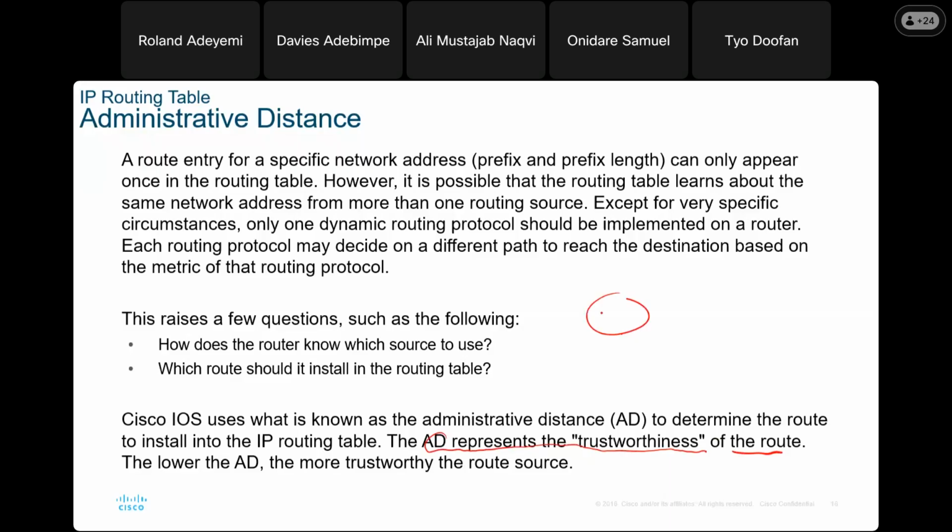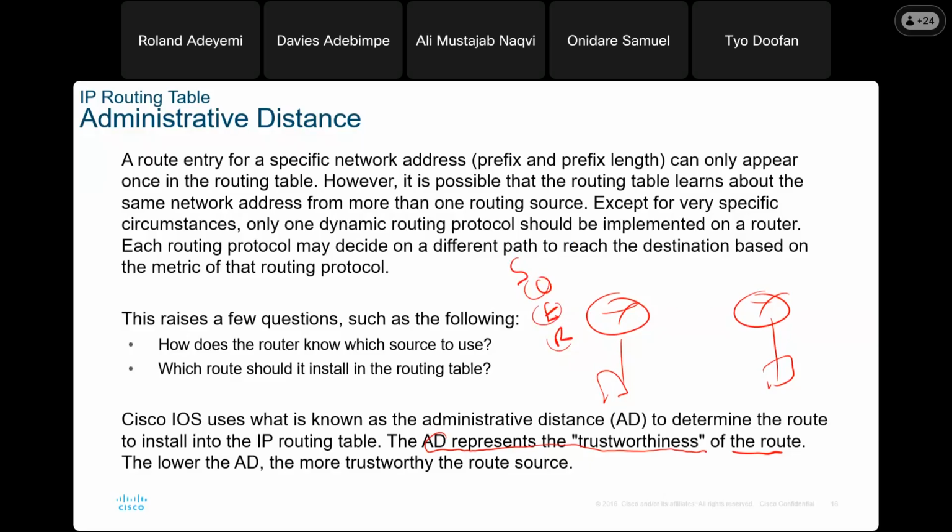Sometimes your router will learn about a destination from two different routing protocols for whatever reason, especially the dynamic. If it's learning through OSPF, it's learning through EIGRP, it's learning through RIP. Which report will the router believe? Or even for us, we put static also. Which report will the router believe?